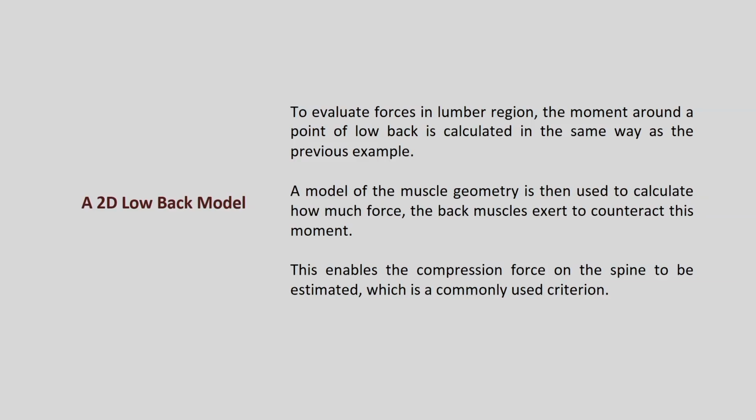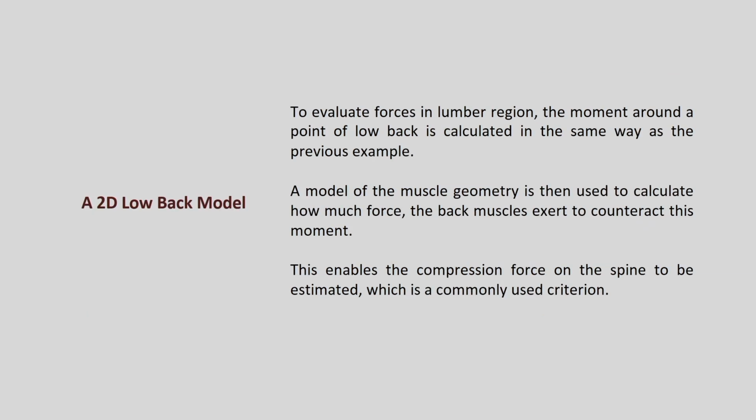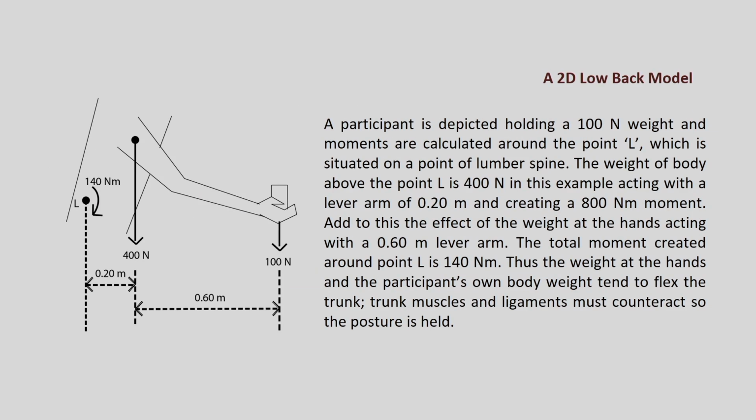The moment generated around a point of the low back we need to calculate in the same way as we did in this example. First is load, how much load is there and what is the distance, then we multiply it.